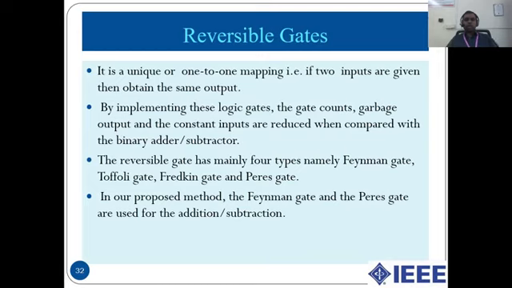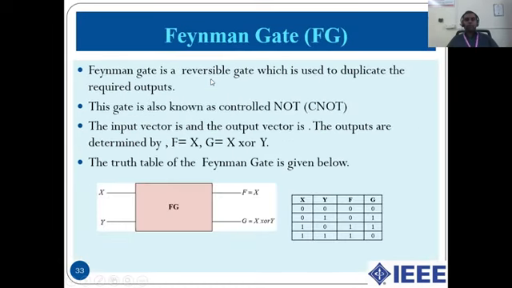In our proposed method, we are trying to use the Feynman gate and Peres gate in order to build an integrated adder and subtractor. A Feynman gate is a reversible gate which is used to duplicate the required outputs. This gate is also called the controlled NOT gate, CNOT gate.